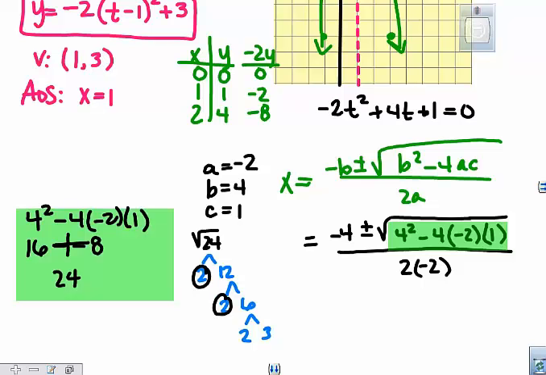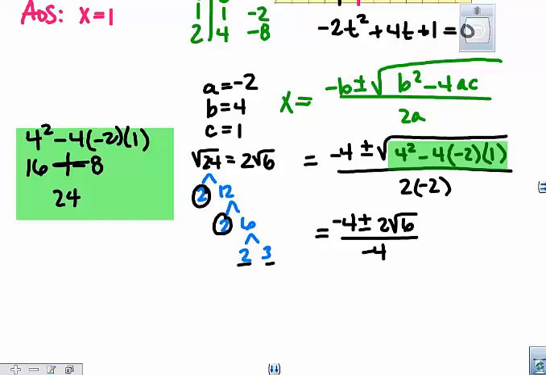That's a pair, so a 2 can come out. These do not have pairs. They have to stay in. So 2 times 3 is 6. So a 6 stays in the square root. So this square root of 24 simplifies to 2 square root of 6. So we have negative 4 plus or minus 2 square root of 6 over 2 times negative 2, which is negative 4.